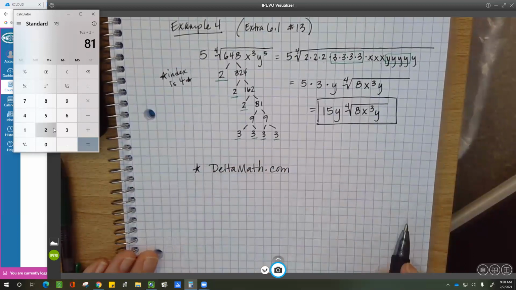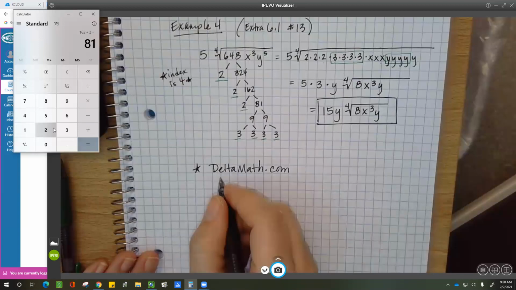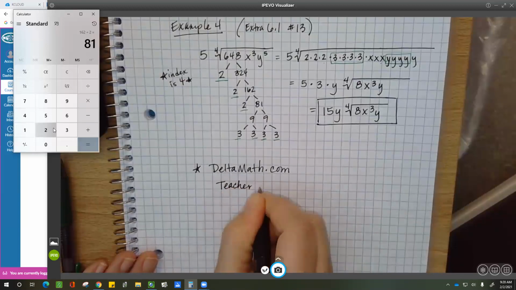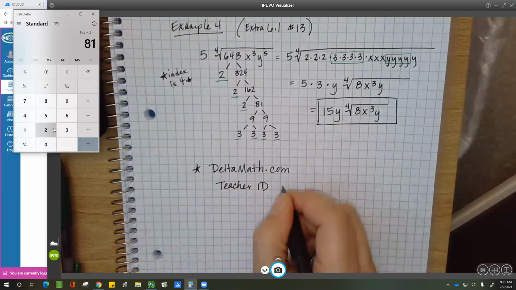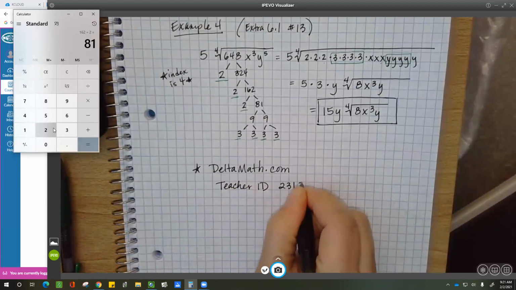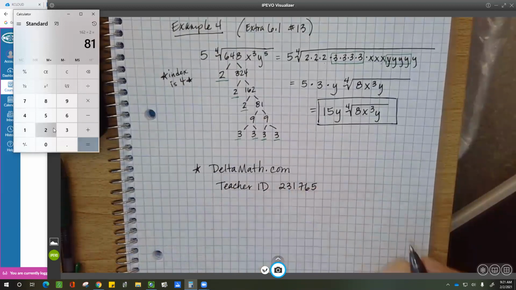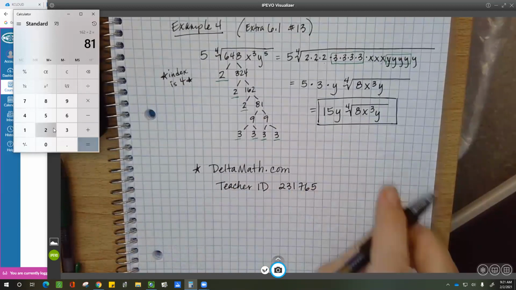Get in there and make yourself an account. My teacher ID is 231765. And then you choose your class period and you'll have access to the assignment on there. All right, let me know if you have questions.